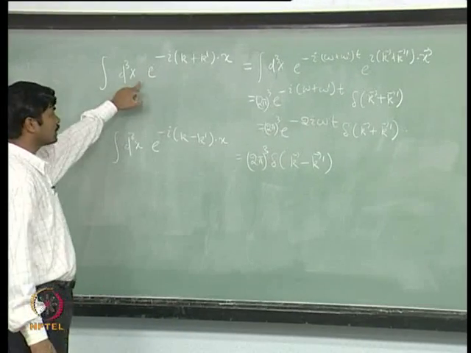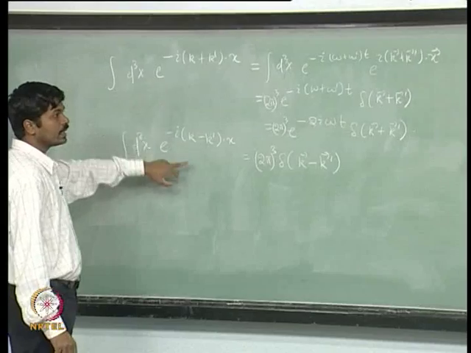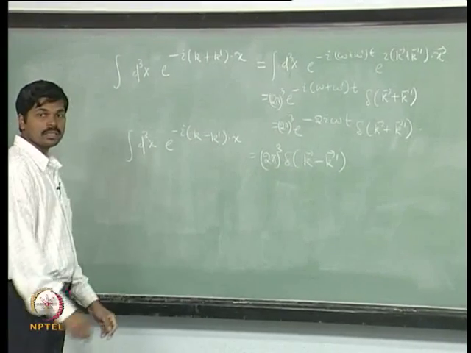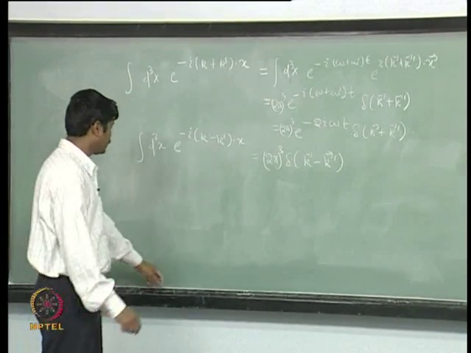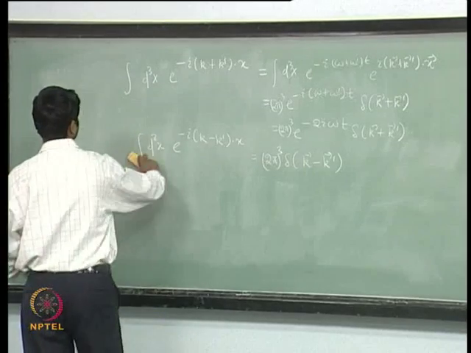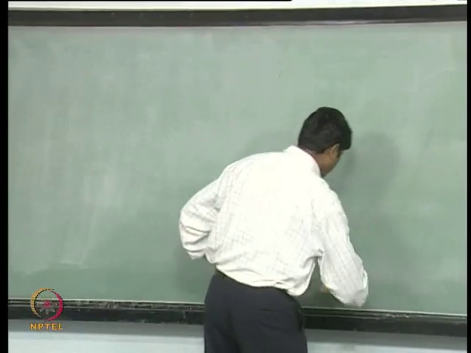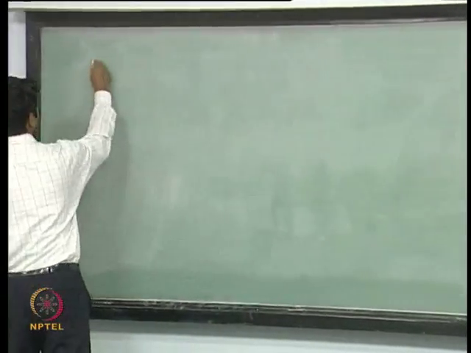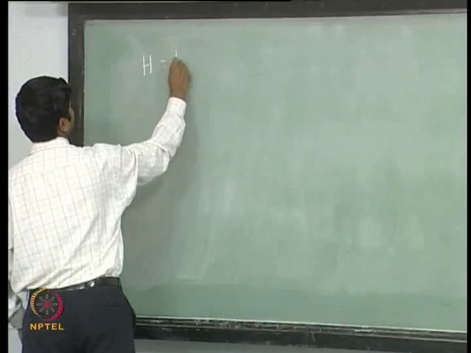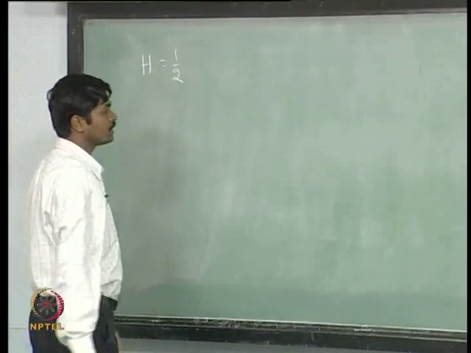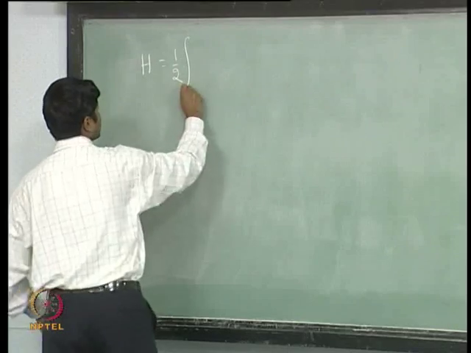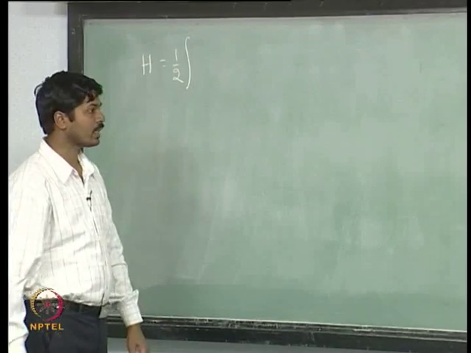So, we will use these two results in the integration to evaluate the Hamiltonian, and when I do that, what we will get is the following: H equal to half, the x integration is carried out.